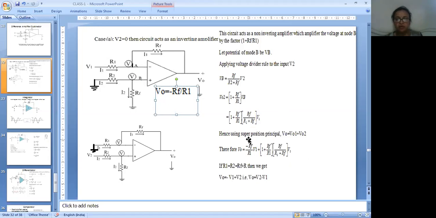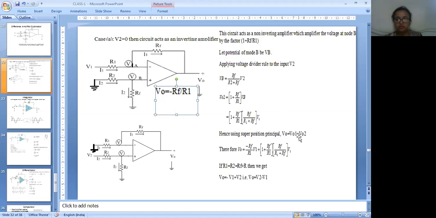Now here I will apply the superposition principle, that is, the output available due to V1 and V2 is equal to the sum of the output due to V1 only and the output due to V2 only. This is called the superposition theorem. So the total voltage is equal to V01 plus V02.